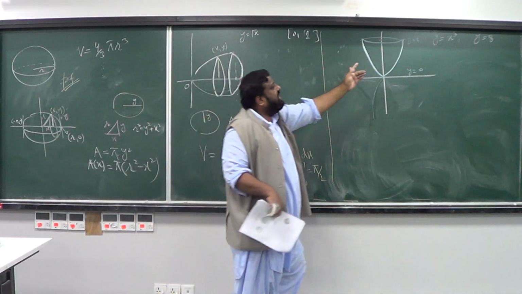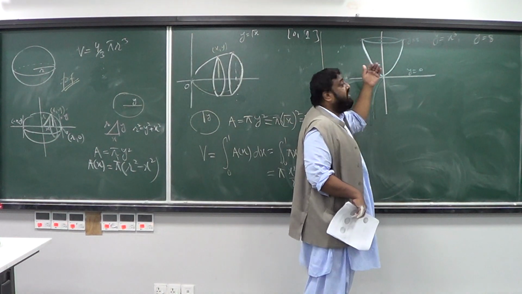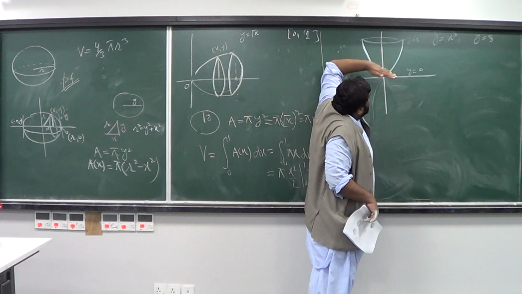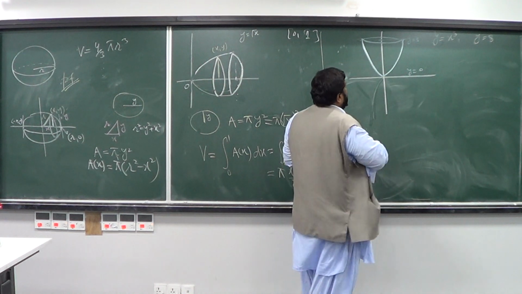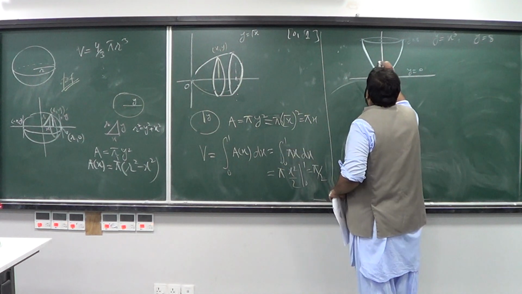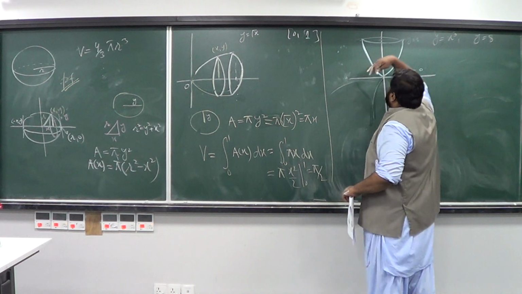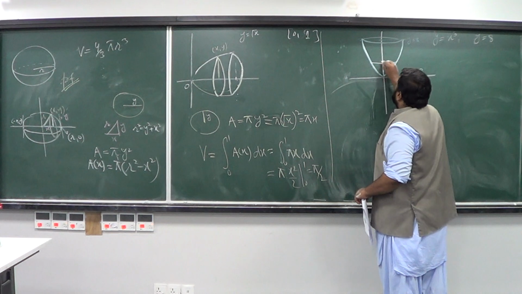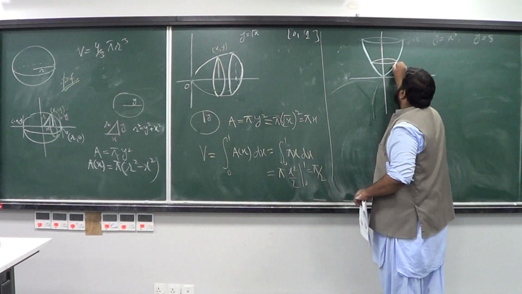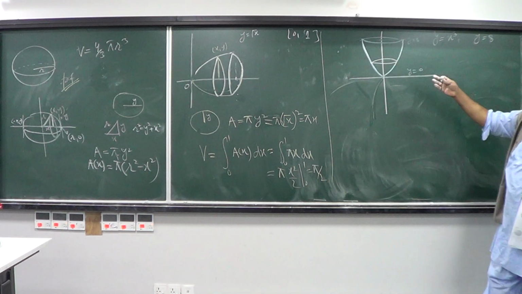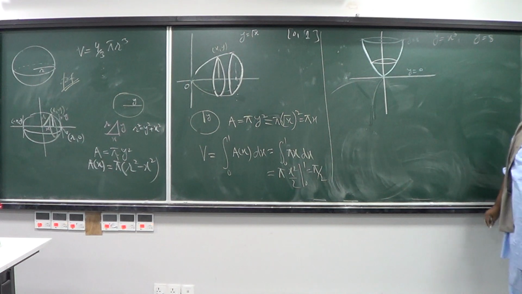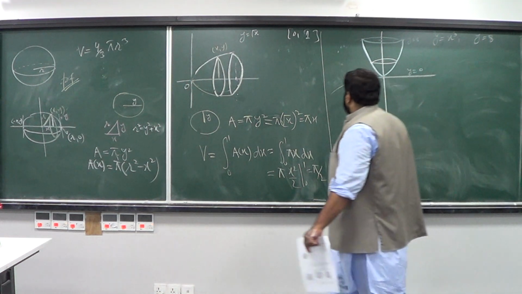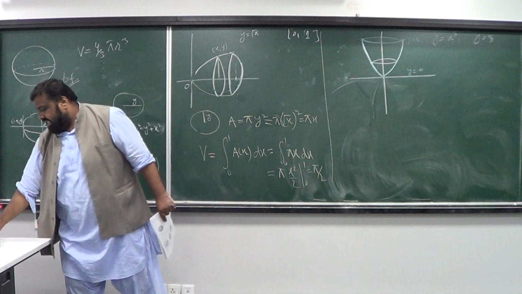So if you have rotation around the y-axis of a curve, slice it horizontally. So for example, you take this point and you put a knife, so you're going to get a slice, but this slice is going to be again a disc because this is a bowl shape. So it's going to be a disc.